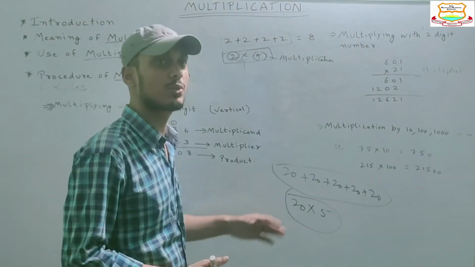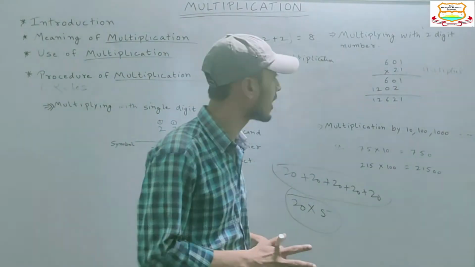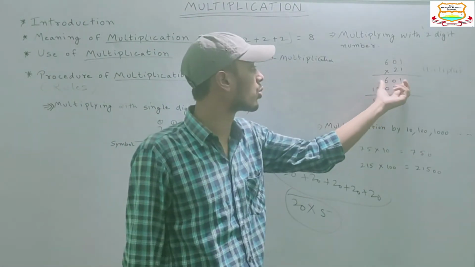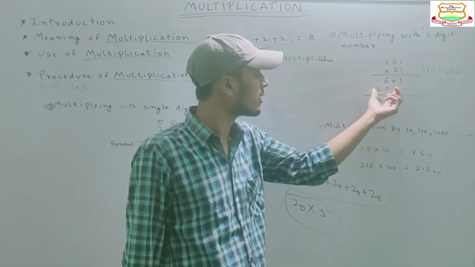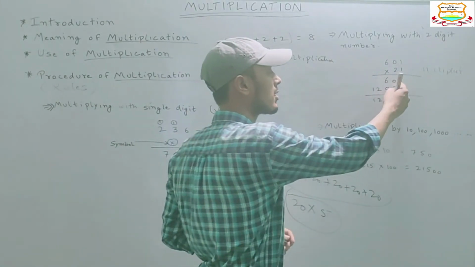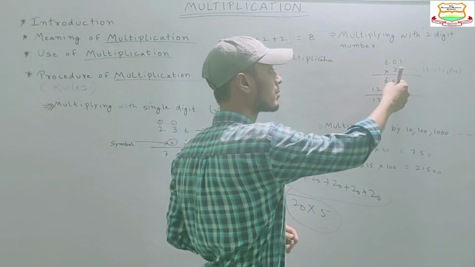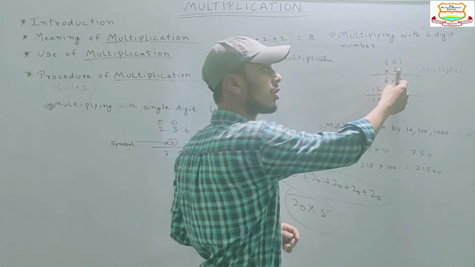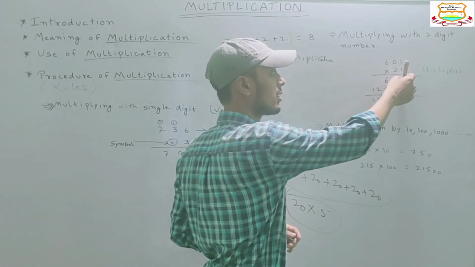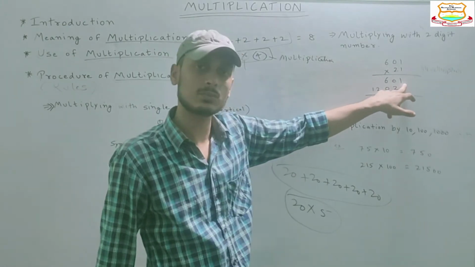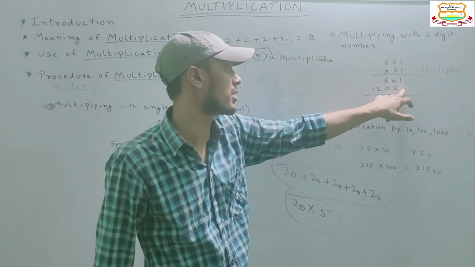One thing should be noted very carefully: for writing the second row, you have to start writing from the tens digit, below the tens digit. You don't write it just below the ones digit of the first number. This is a very important point.